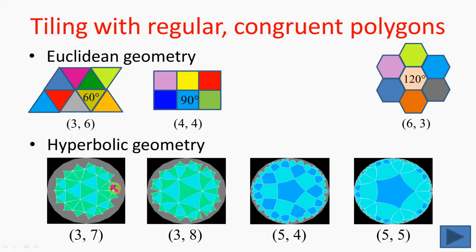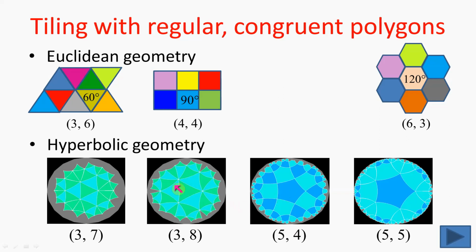So for example, we can cover the space with triangles in a way that 8 triangles meet at a point, or when 9 triangles meet at a point, or when any number of triangles that are greater than 6 meet at a point.